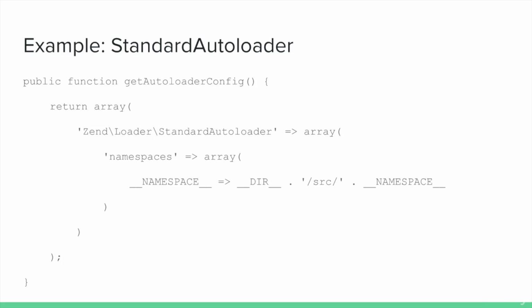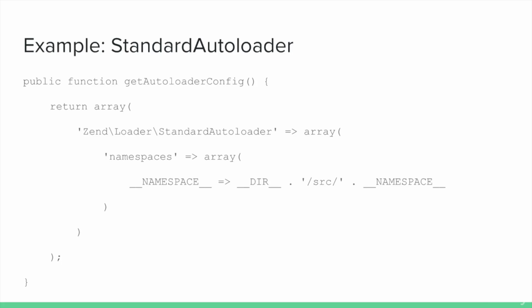So we add an array of namespaces to it, which is actually just telling the autoloader where to find our source code. We add it by the name of the current namespace, which is the namespace of our module, and we basically tell it that the source code exists within the current directory /src/ our namespace.